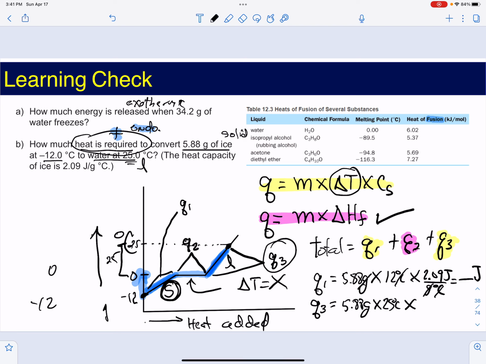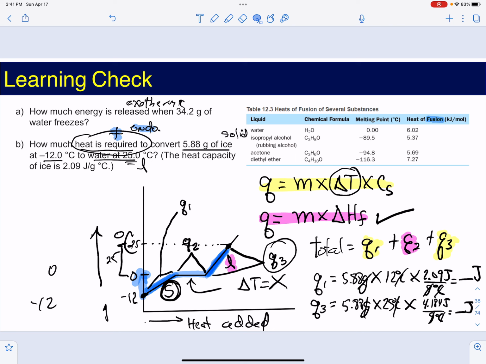Now we're dealing with the liquid, which means we need the heat capacity of the liquid, which from chapter 3, I know is 4.184 joules for every gram degree Celsius. Grams cancel with grams, Celsius cancel with Celsius, so all you're gonna have is joules.